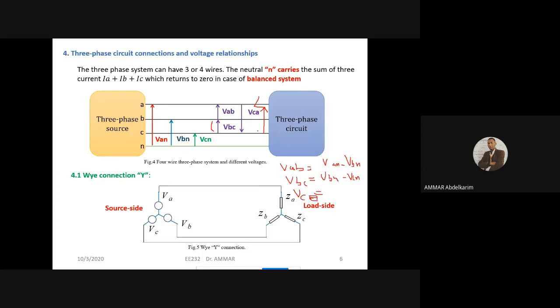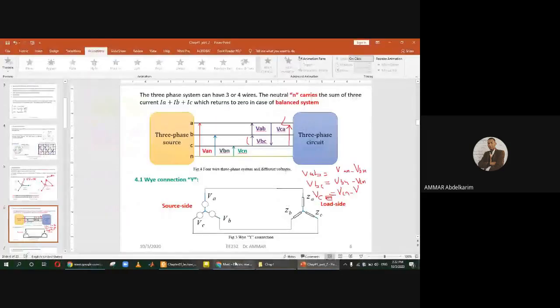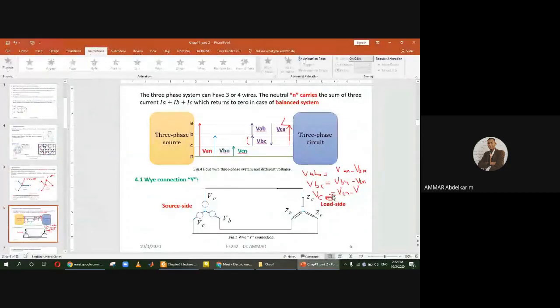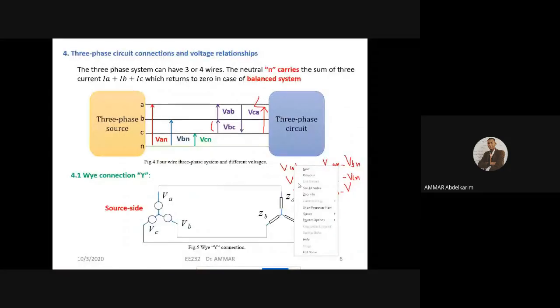VCA equals what? VCA equals VCN minus VAN. Okay, it's VCN minus VAN, and we have done this before in the class.